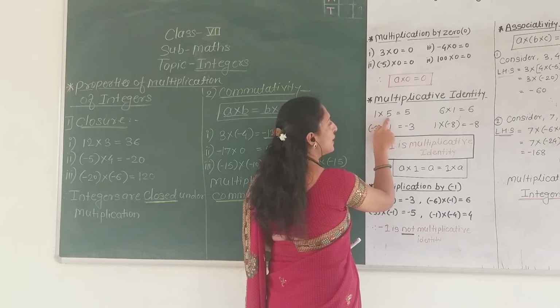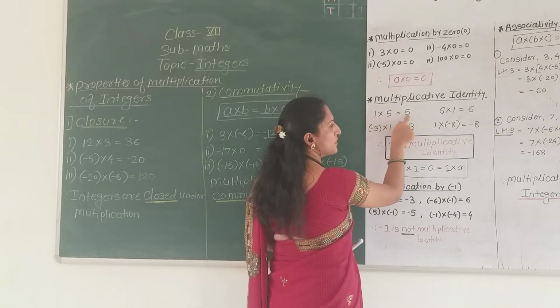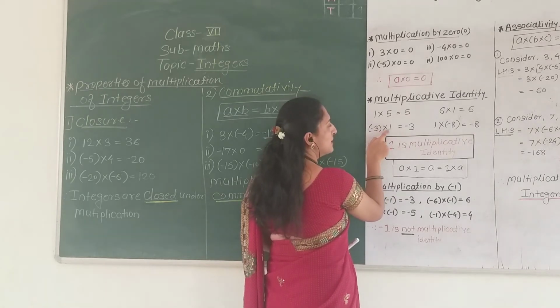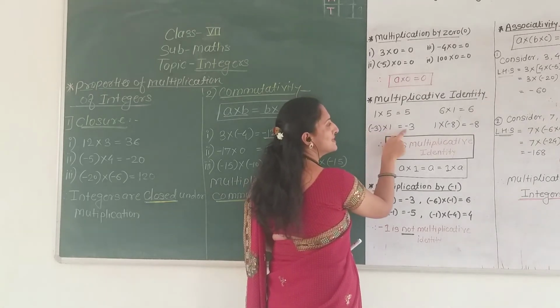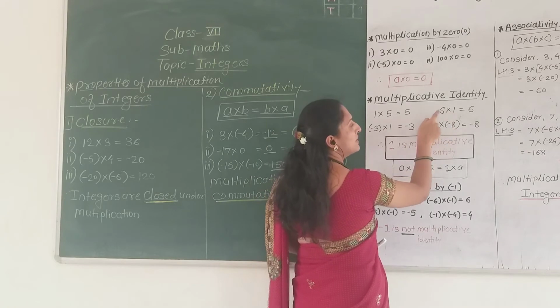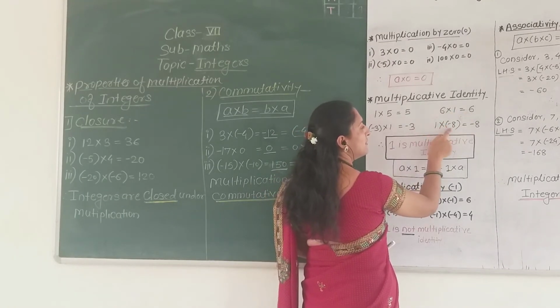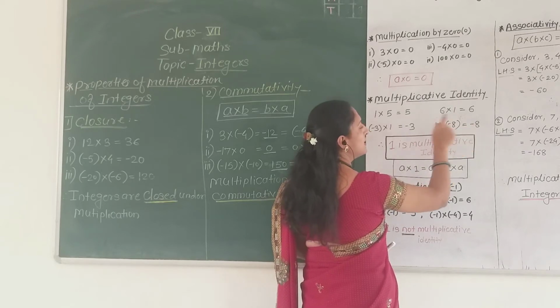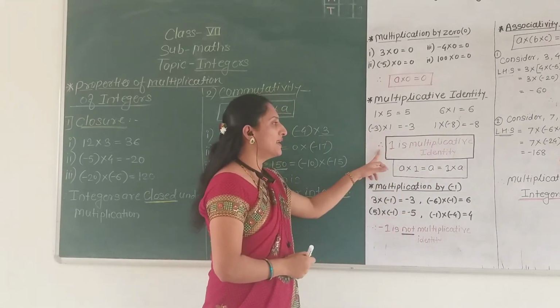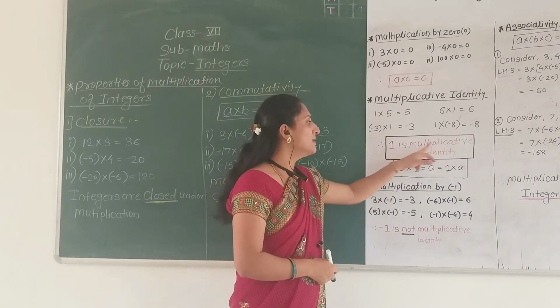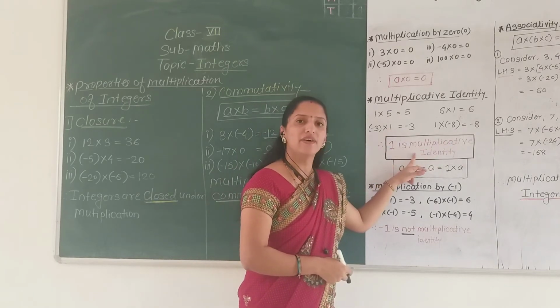Here 1 into 5, positive 5, my answer is positive 5. 1 multiplied with a negative integer, answer is negative. 1 multiplied with a positive integer, answer is positive. 1 multiplied with negative 8, answer is negative 8. So 1 is called the multiplicative identity. Why?